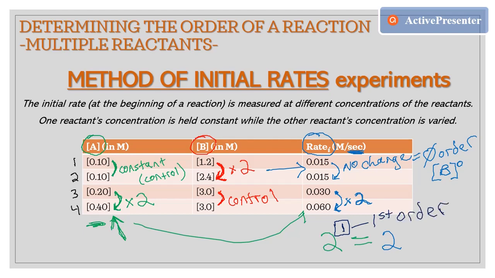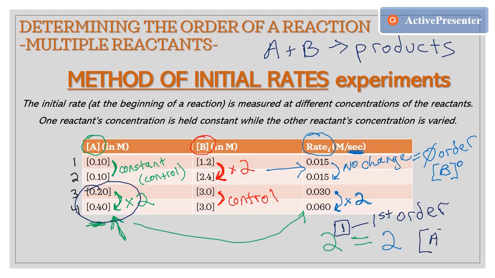But we have the concentration of A and the concentration of B in this chemical reaction. Remember, A plus B yields some products, and that's what we're testing. So we look at the concentration of A, the one that doubled, and that's what's going to be first order.